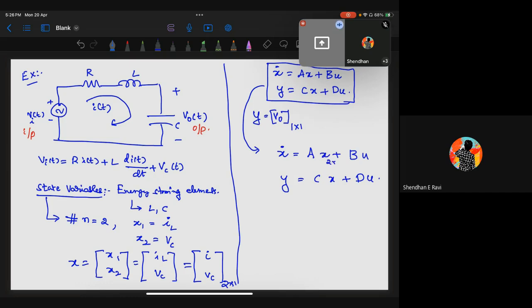X is 2 by 1. What is Y? 1 by 1. X dot also 2 by 1. Correct? So can anyone tell me what is the size of the matrix A?